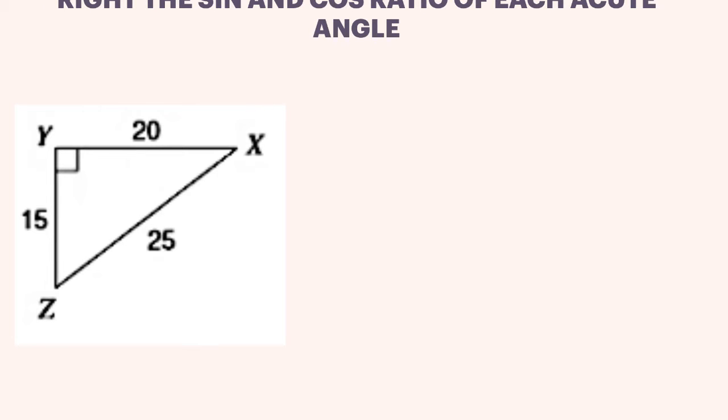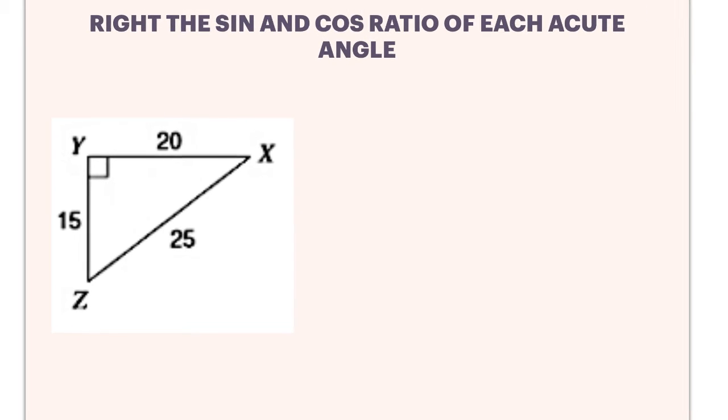We are going to find the sine and cosine ratio of each acute angle, so let's start with angle Z. Since we're doing both, we'll do cosine Z and sine Z at the same time. For cosine Z, this is CAH, so it's adjacent over hypotenuse, and your hypotenuse again is the longest side, the side across from the right angle.